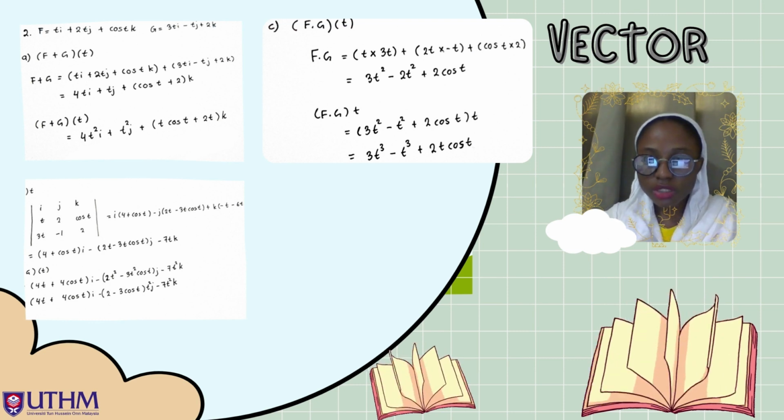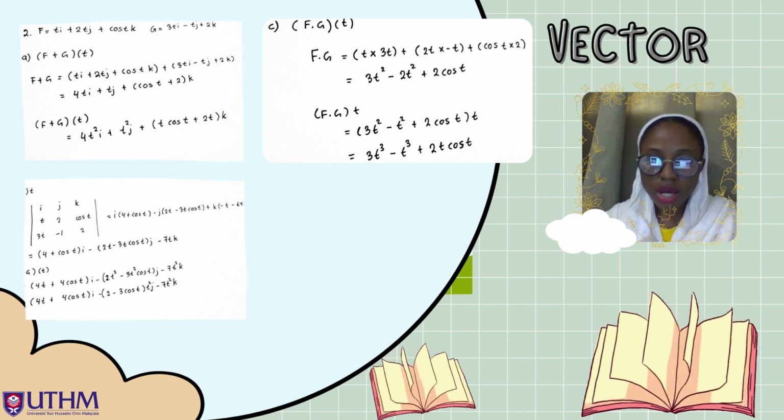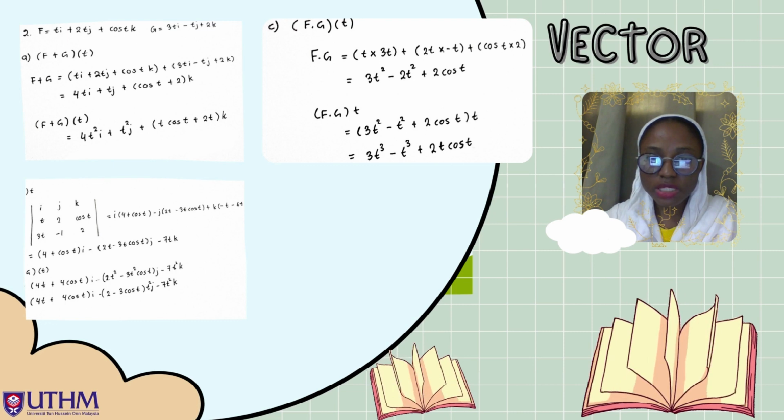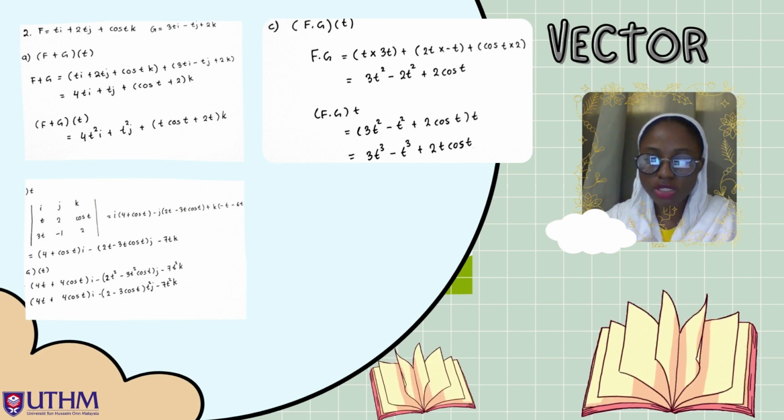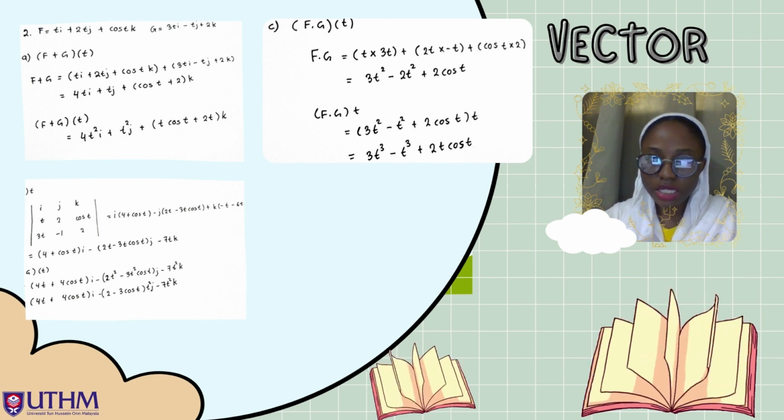This will therefore give an answer of (4 plus cos t) i minus (2 plus negative 3t cos t) j minus 7t k.